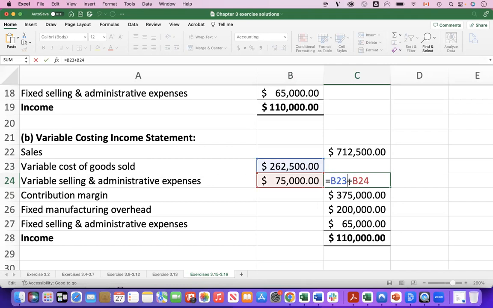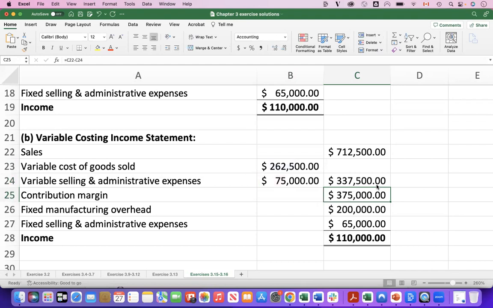The sum of those two gets us our total variable costs. You can see we're going to add the variable cost of goods sold and the variable selling and admin. We get total variable costs of $337,500. We subtract that from sales to arrive at our contribution margin. And remember, contribution margin is the difference between sales and variable costs.